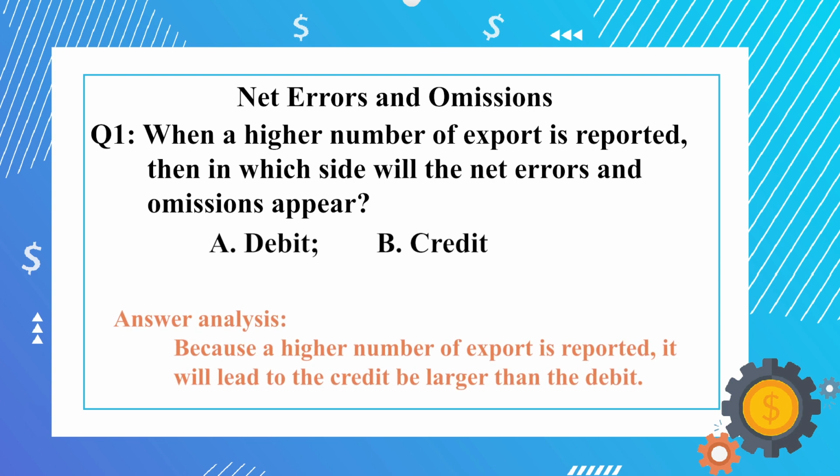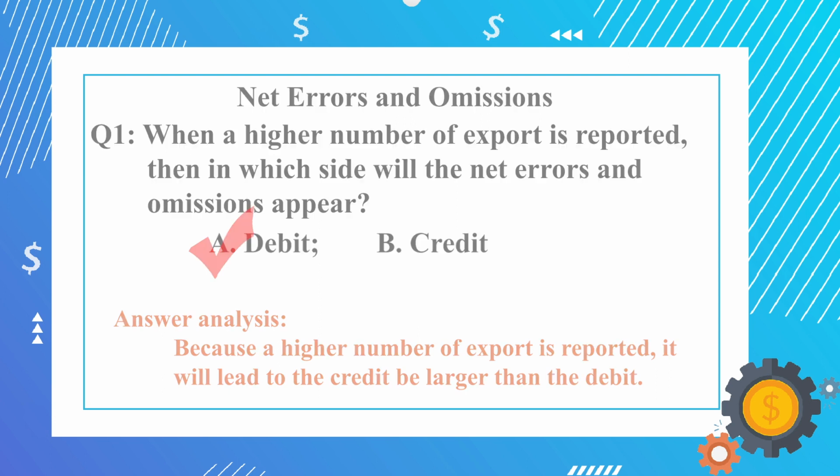Because a higher number of exports is reported, it will lead to the credit being larger than the debit. So, the imbalance has to be made up by a negative net errors and omissions. That's to say, the net errors and omissions will appear in debit.